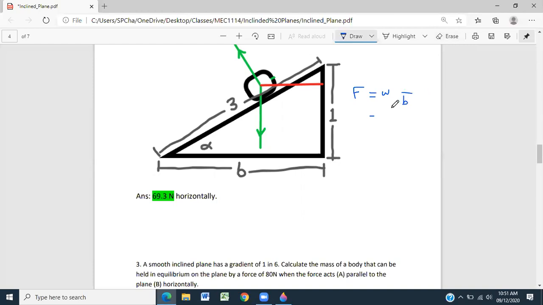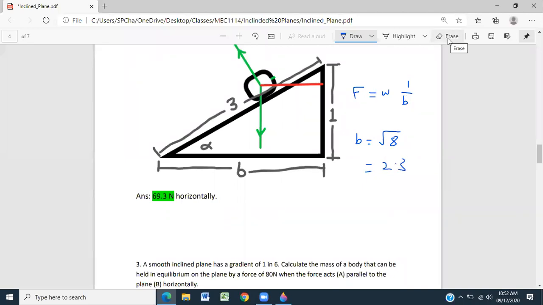The base we don't know, so let's find the base using Pythagoras' theorem. b is equal to root of 3 squared minus 1 squared. 1 squared is 1, 3 squared is 9. So b is the square root of 8, and the square root of 8 is 2.3. You can double check this with your calculator, right?